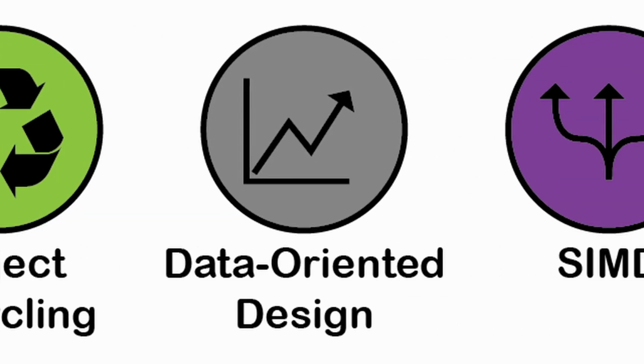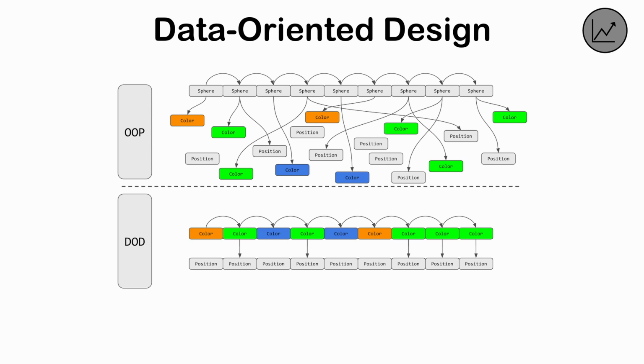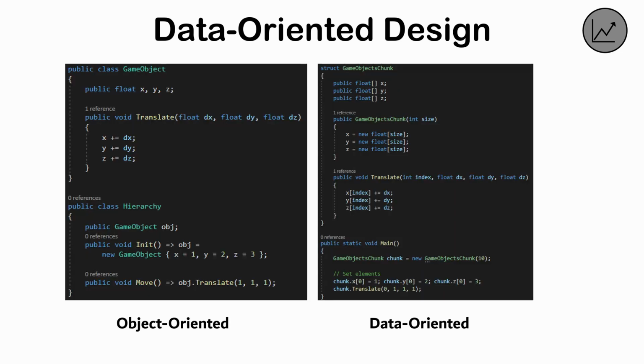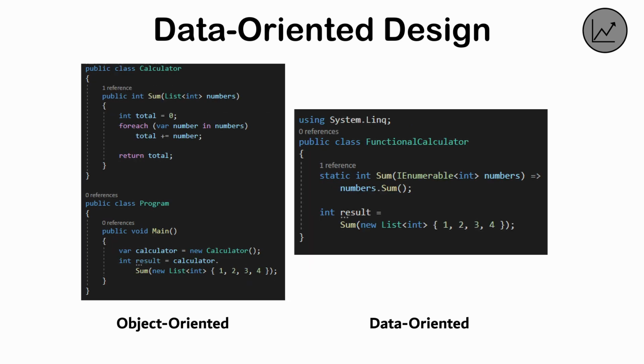Data-oriented design. A means of organizing data in memory to maximize cache efficiency and reduce latency. Instead of thinking in terms of objects, it organizes and processes data in large, contiguous chunks that CPUs can handle more efficiently. This approach is usually favored in so-called functional programming languages that deal mainly in verbs rather than nouns.